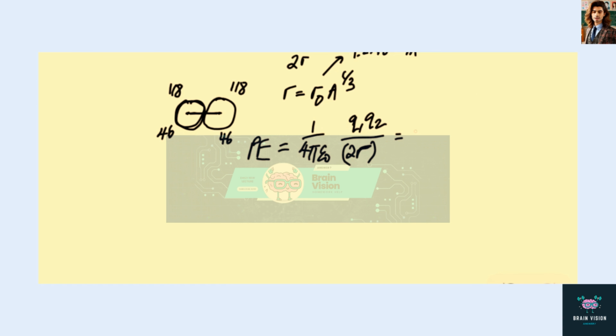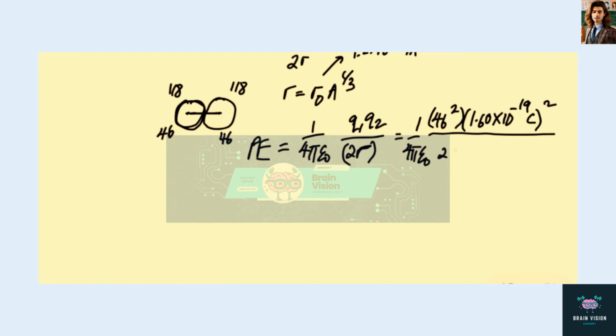So all we have to do now is just substitute the values in. Q, remember, is 46 squared times the elementary charge squared, divided by 2 times R0, which is 1.2 times 10 to the power minus 15, times A to the power of 1/3, where A is 118.